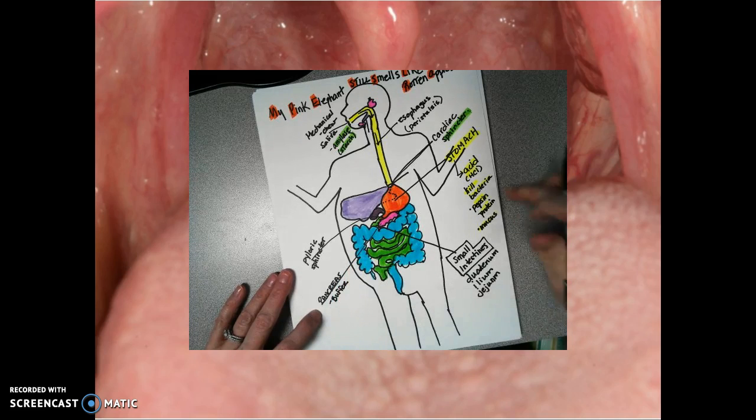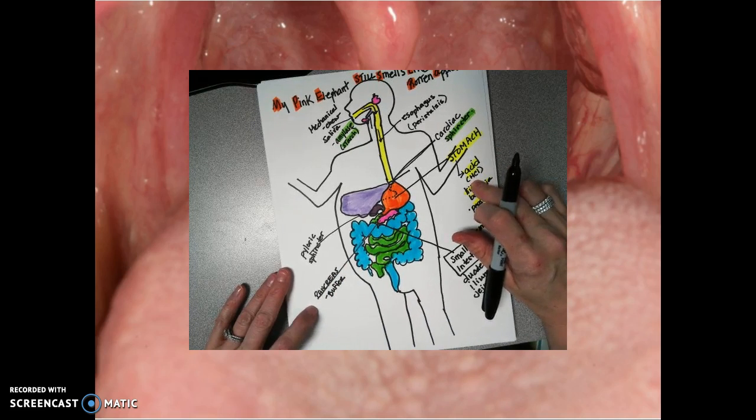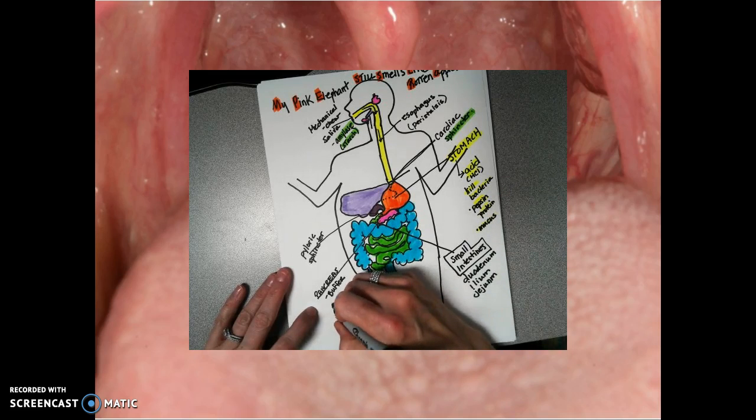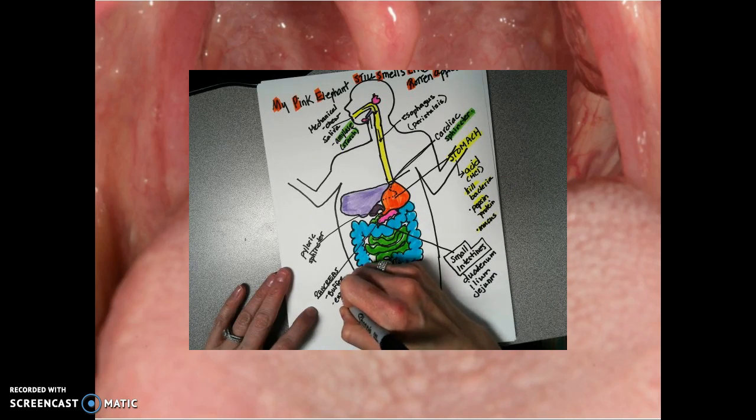that's going to take this very highly acidic contents of the stomach, which are now called chyme, when they move into the small intestines. It's basically the consistency of puke. They're going to take this and bring the pH back up so that it's no longer very acidic. And there's also going to be enzymes in here.